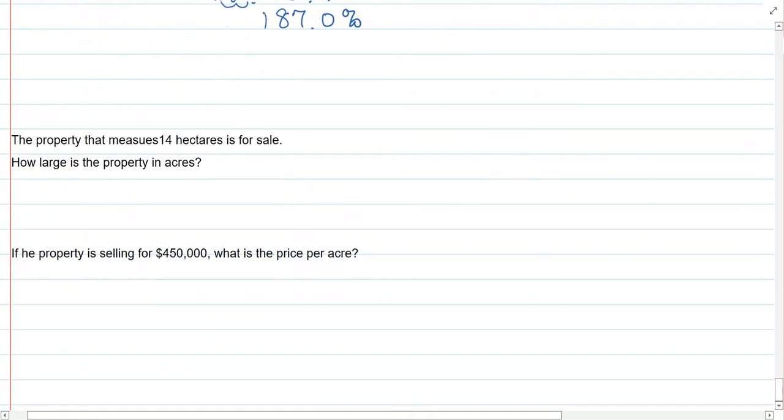The identity is 1 acre is equivalent to 0.4 hectare. So that's what we know.